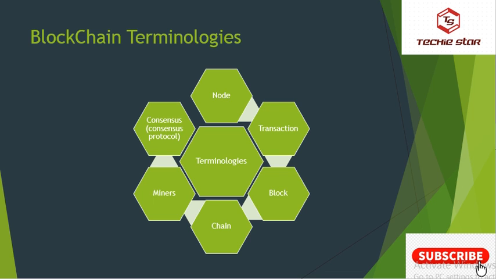So blockchain terminologies. Blockchain has the basic unit as node. As we are familiar with, a node is the end computer, the end user's computer, or any computer available in the chain. Transactions are any insertions, deletions, or sort of things which are done by the users or the nodes.